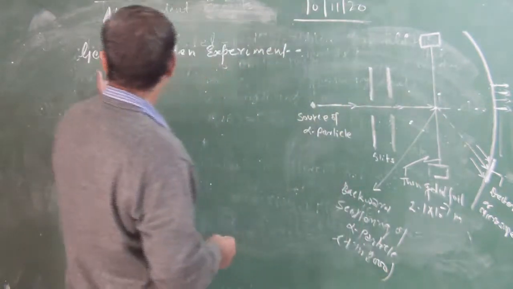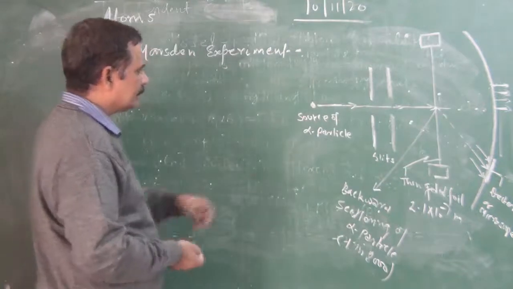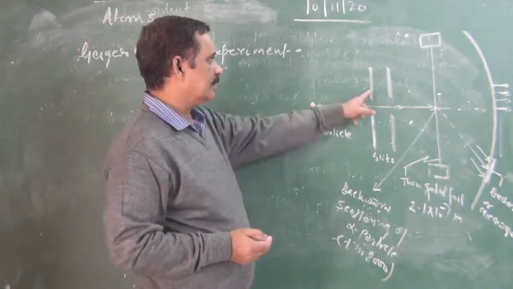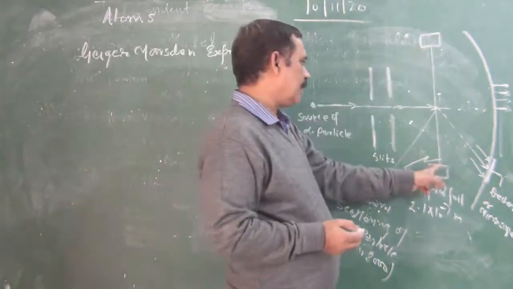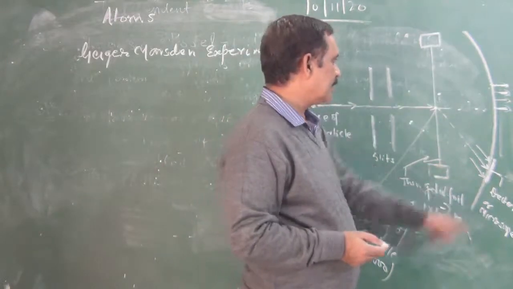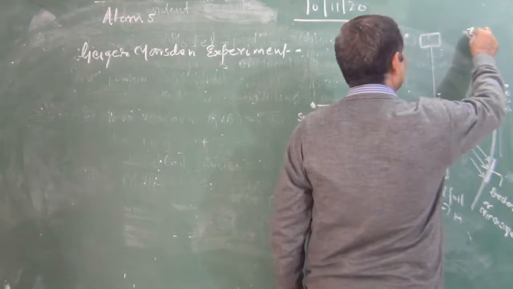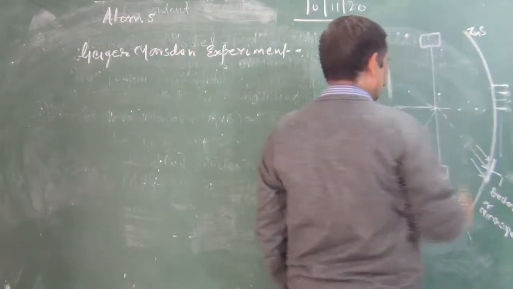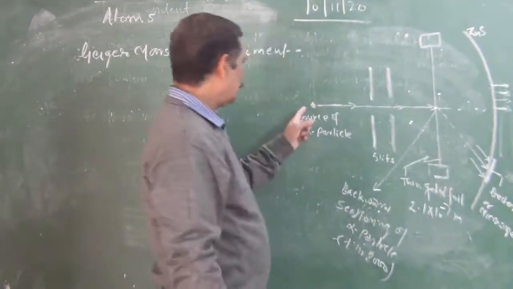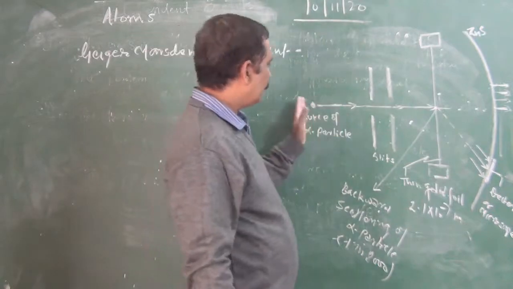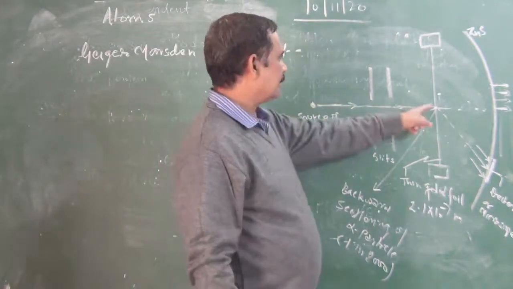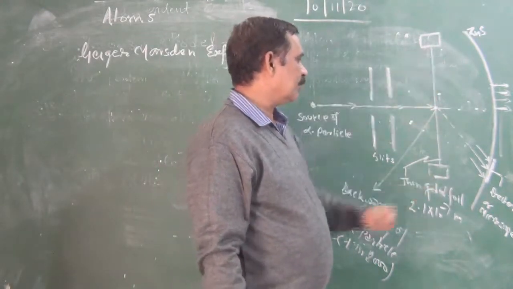So in the Geiger-Marsden experiment, this is the source of alpha particles, this is the slit, this is the thin gold foil, and this is the screen, which is coated with zinc sulfide. When the alpha particles pass through this slit, they are first incident on the thin gold foil.